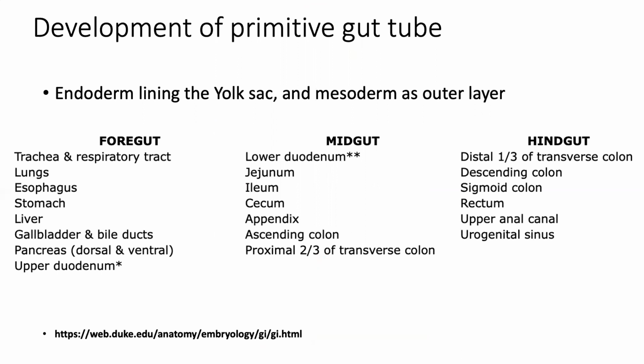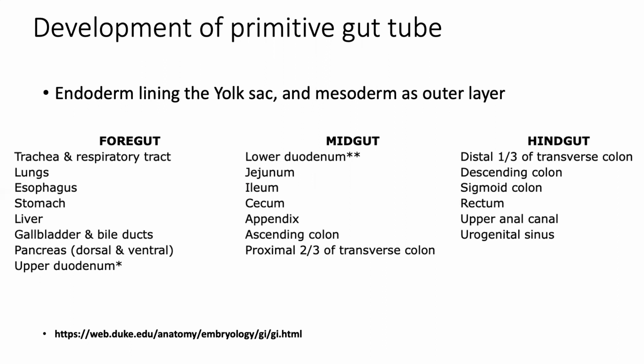Our gastrointestinal tract from mouth to anus could be divided into three main portions, which are called foregut, which is at the forefront of the gut, midgut, middle, and hindgut. The best thing to remember is our midgut. Midgut starts from the lower duodenum down to the proximal two-thirds of the transverse colon.